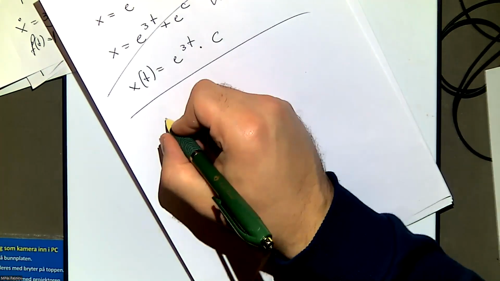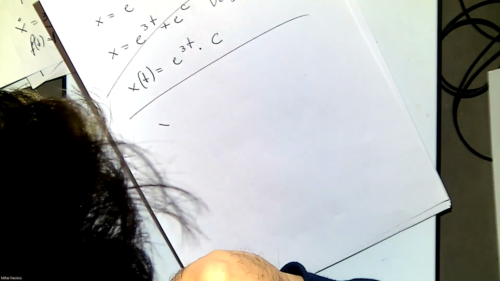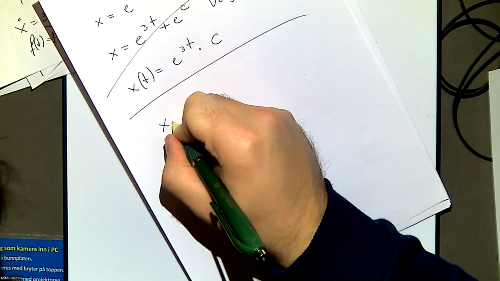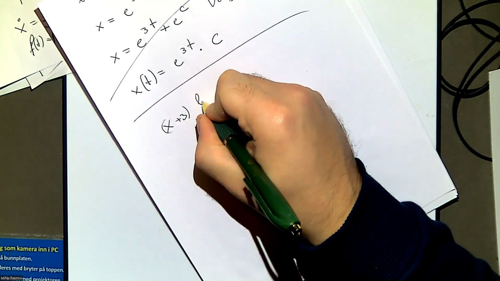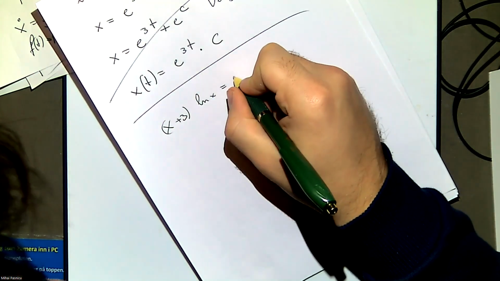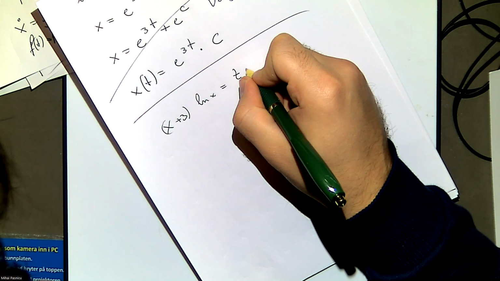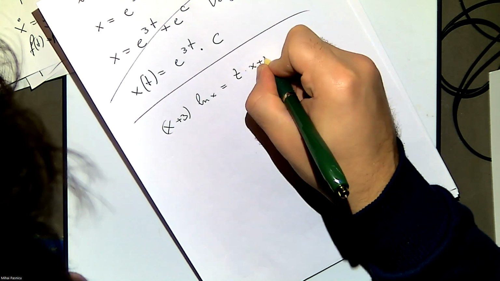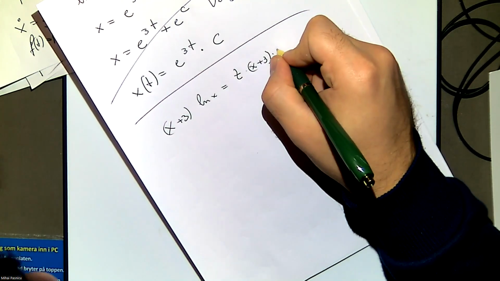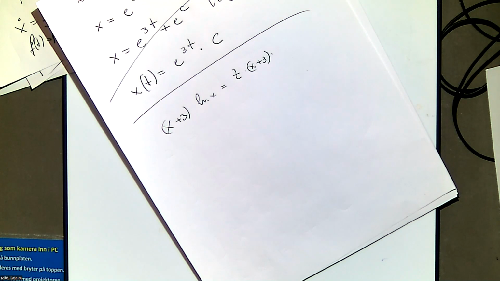I can just write it as x plus 3 ln of x is equal to t plus x to the 3. I can't actually create one unless it's going to be too ugly.